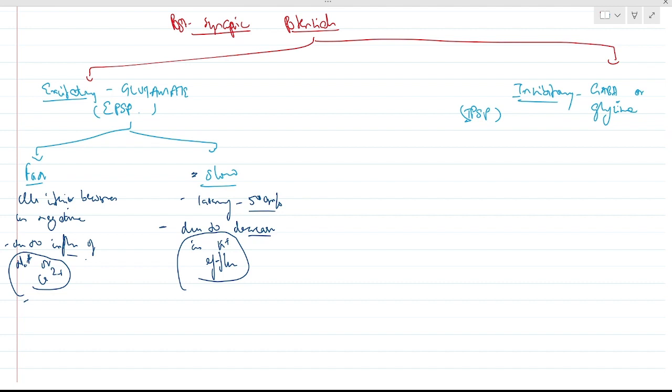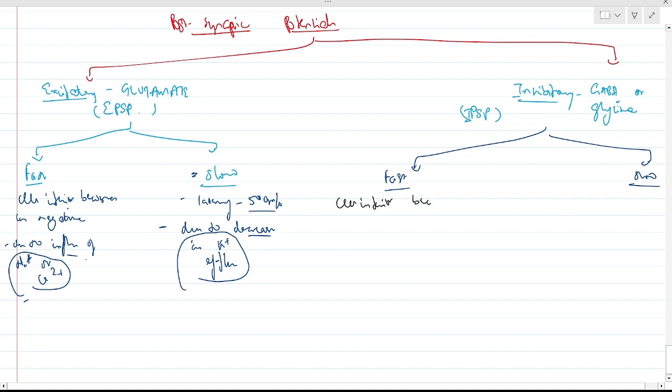Also, this IPSP, inhibitory postsynaptic potential, is of two types: fast and slow. In the first type, the cell interior becomes more negative.